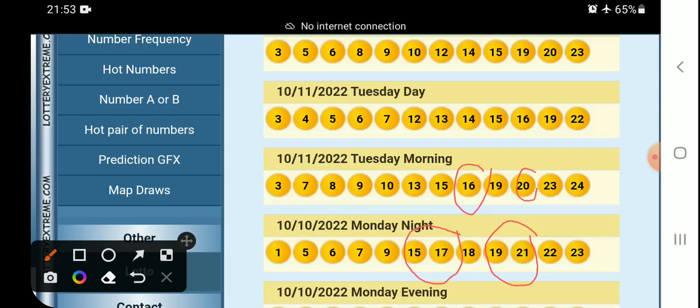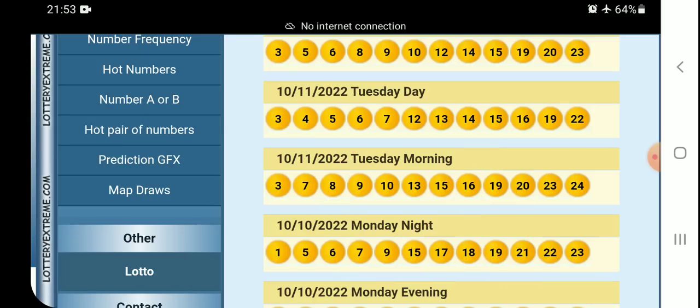The missing number works very well when it comes to this one. We have got 7 and 9, there is 8. So you can have your straight numbers coming from the missing number strategy.